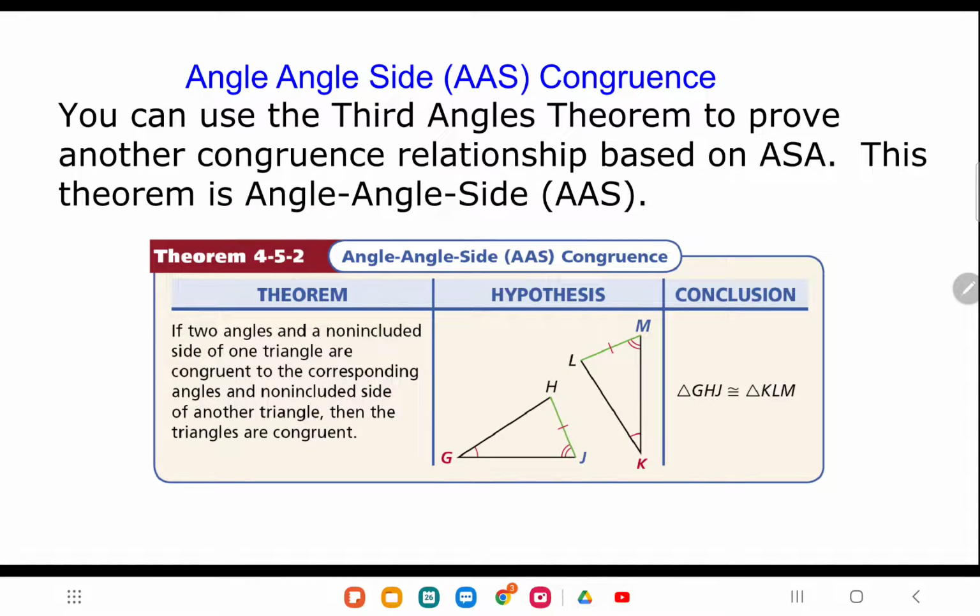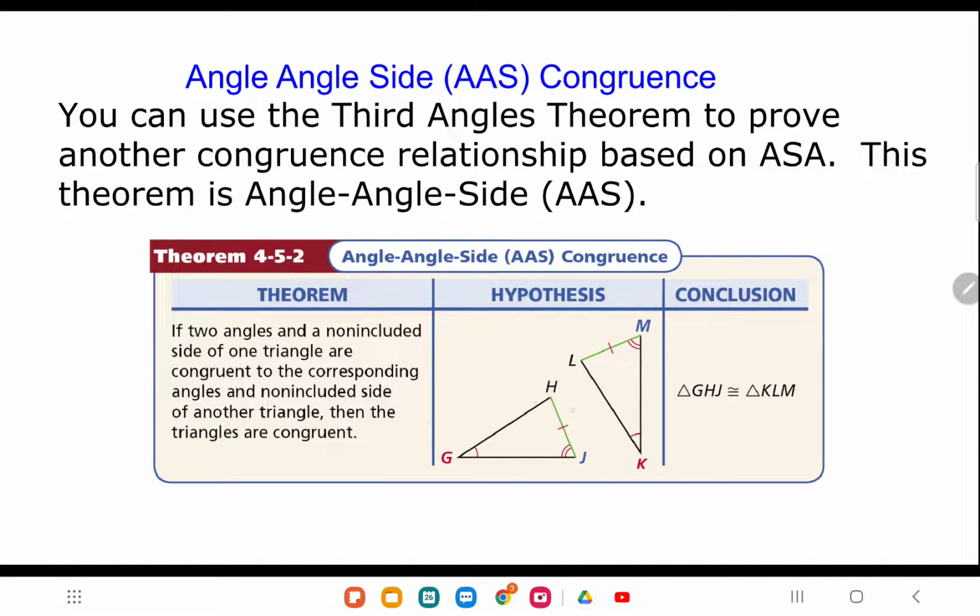We can use the third angles theorem to prove another congruence relationship based on ASA, and this theorem is angle-angle-side, or AAS. So here I see I have two angles labeled and then a non-included side. And similarly on my other triangle, I have two angles and a non-included side, but they are corresponding to each other.